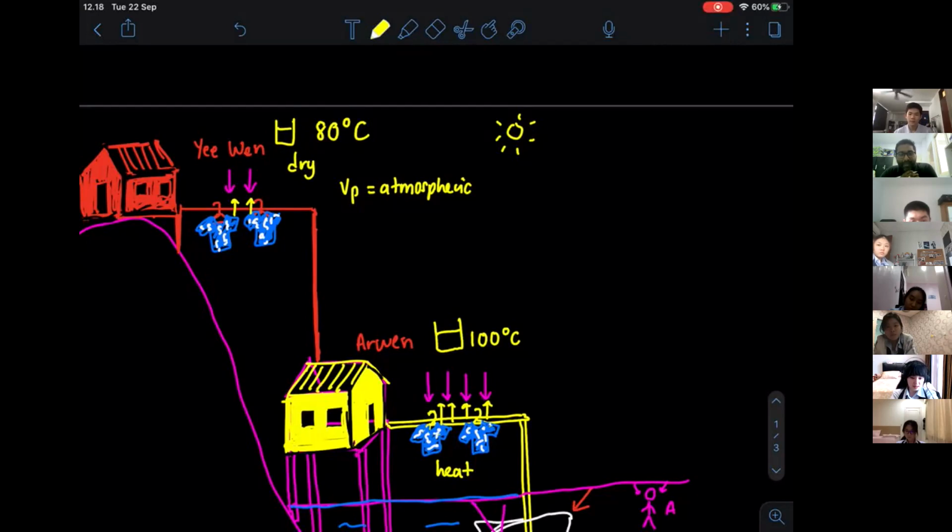But if another chemist wants to do the same experiment on top of Mount Everest, will he be able to replicate the same results? He won't be able to replicate the same results because the temperature will be different from 25 and the pressure will be different from 1. So they need to build a lab which can give the same situation as standard condition in order to get the same results.